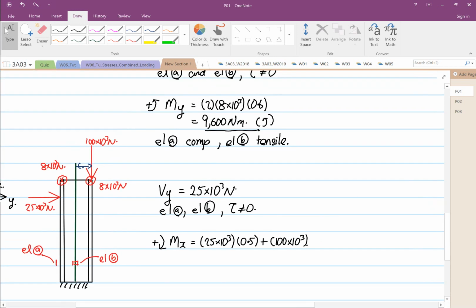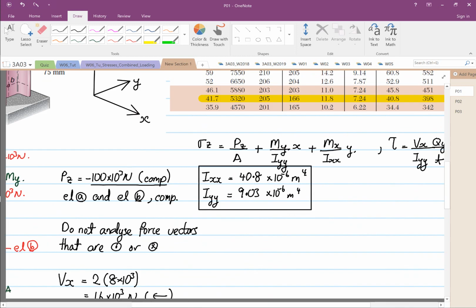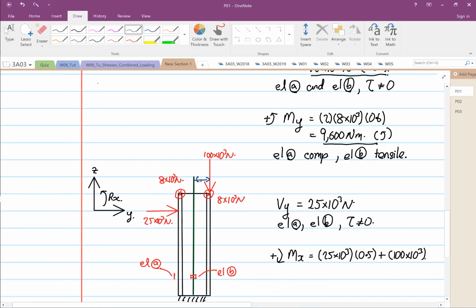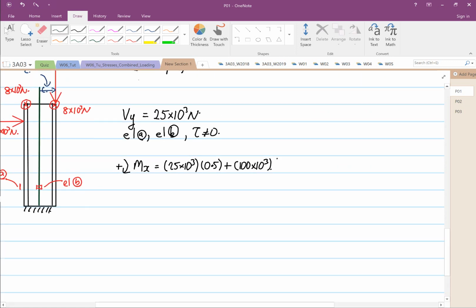So this distance over here, then we go to our table. So the distance is 205 divided by 2. So this distance over here is 205 times 10 to the power minus 3 divided by 2. Okay. So this is multiplied by 205.